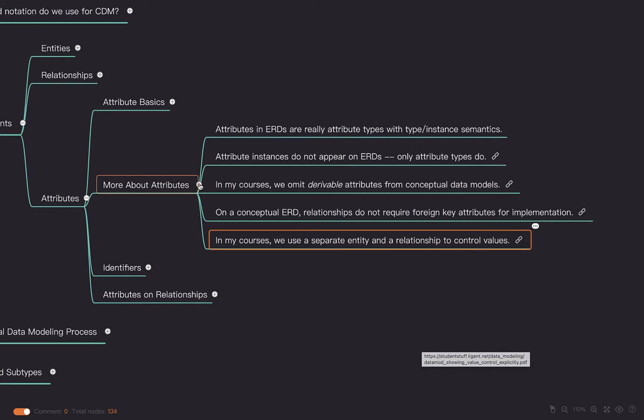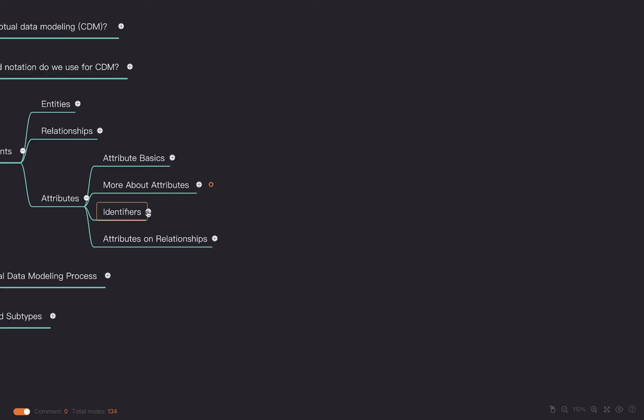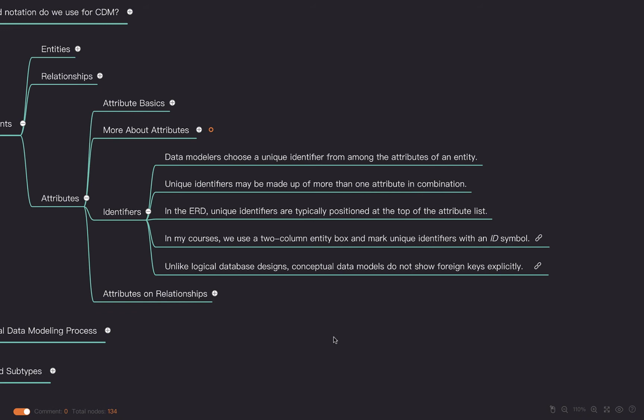Now, we showed identifiers just briefly. Now let's get into identifiers more fully. It's up to the data modeler to choose a unique identifier from among the attributes of an entity. Sometimes you may have to refer to more than one attribute as being part of the unique identifier in order to get a combination that is truly unique.